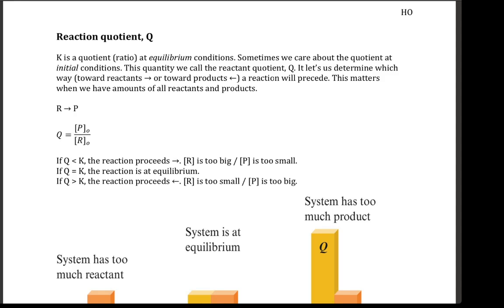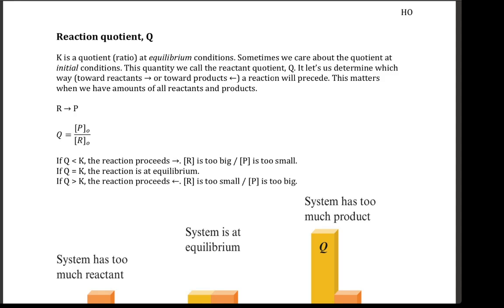If Q is greater than K, there's a lot of products and not a lot of reactants, and the reaction will proceed toward reactants. If Q happens to be equal to K, then the reaction is already at equilibrium.